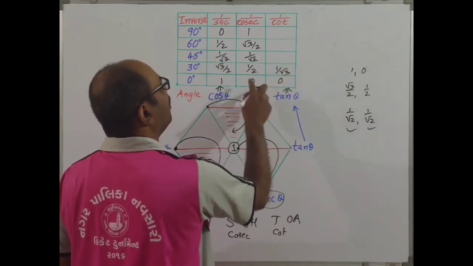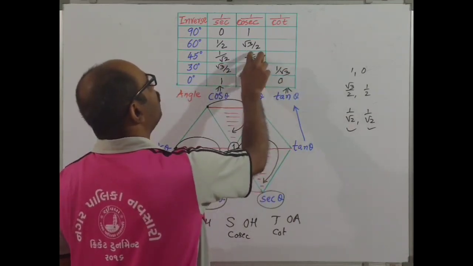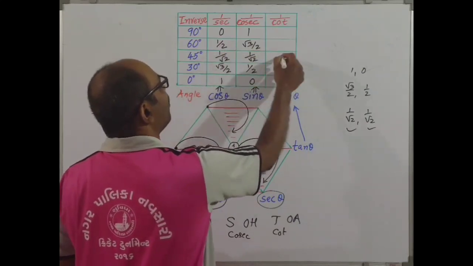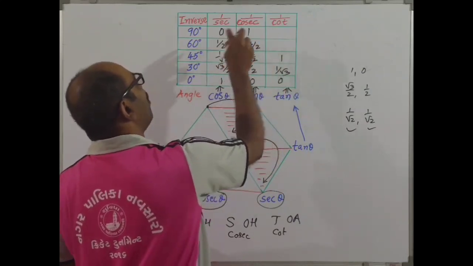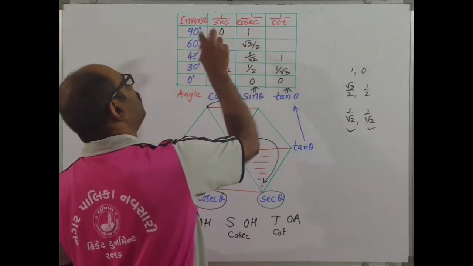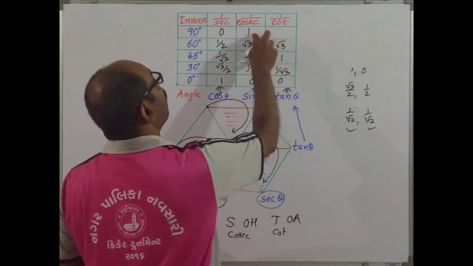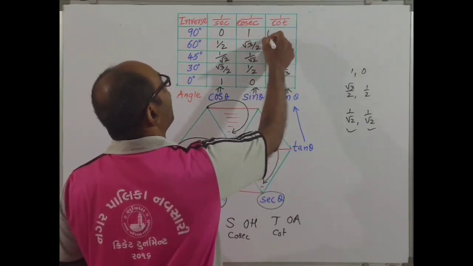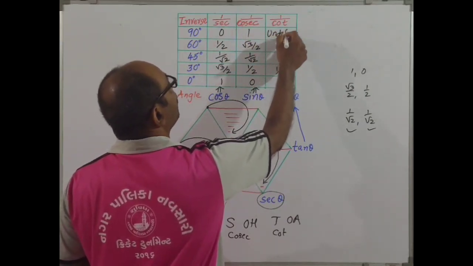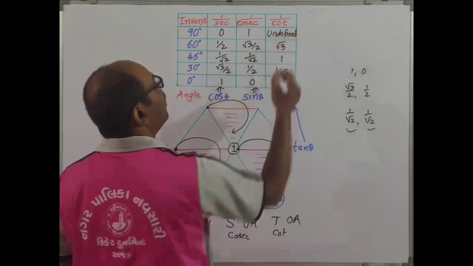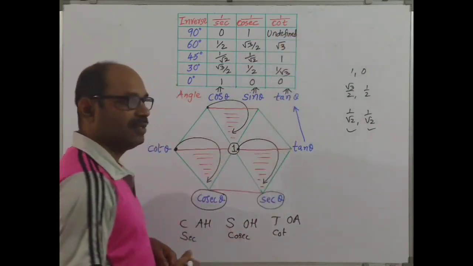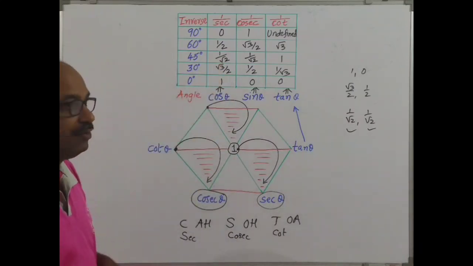So 1 upon root 3. Denominators cancel. Numerator upon numerator, 1 upon 1, that is 1. Root 3 upon 1, that is root 3. 1 upon 0, that is undefined. Correct? So that's how you get all these values.